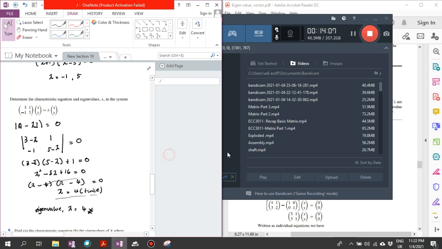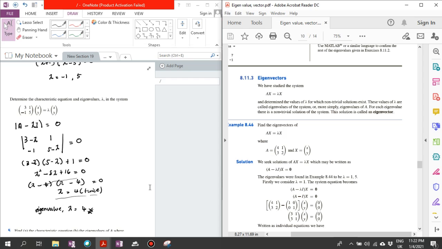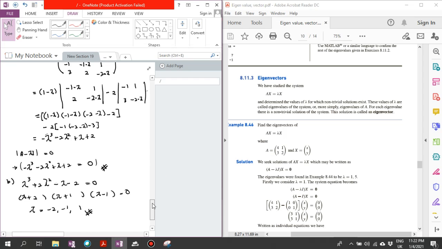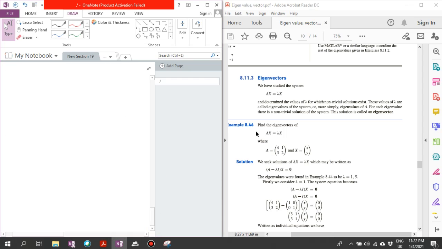Okay, next is all related to eigenvectors. What is an eigenvector? It is based on Ax equal to lambda x, where we determine the values of lambda for which a non-trivial solution exists. The values of lambda we just called the eigenvalues of the system.